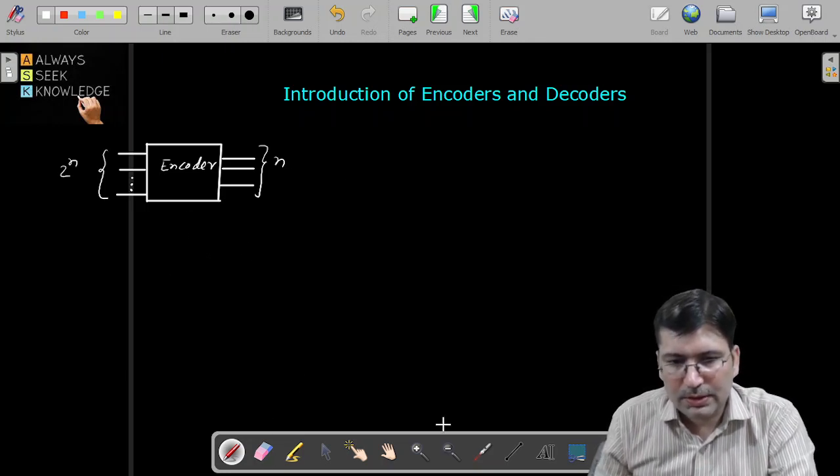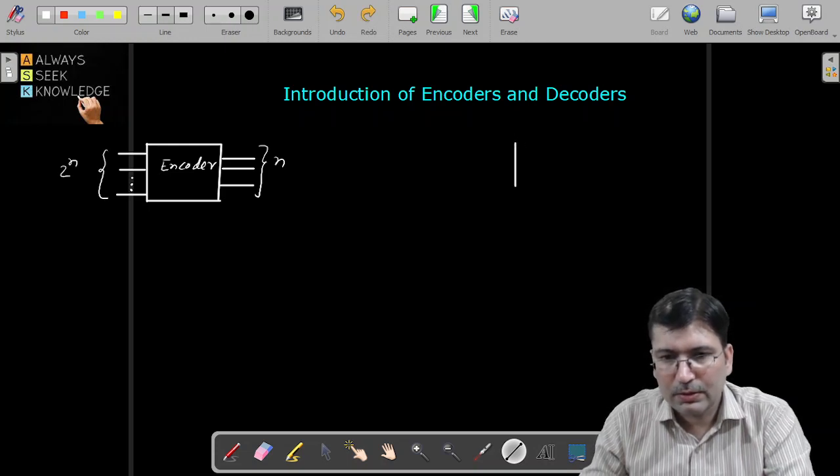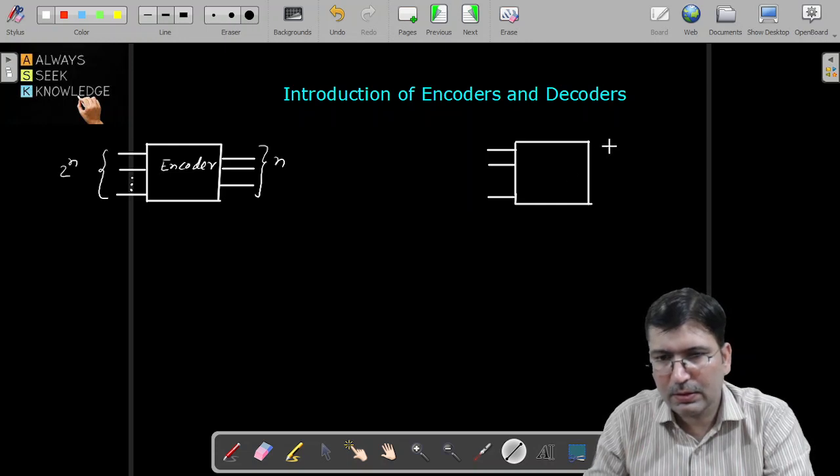Now what decoder does, decoder is just, you can assume, the opposite circuit of the encoder. So let's say these are the inputs here, and there are certain outputs.